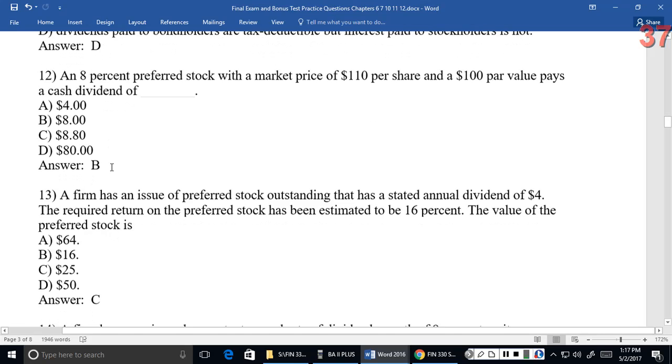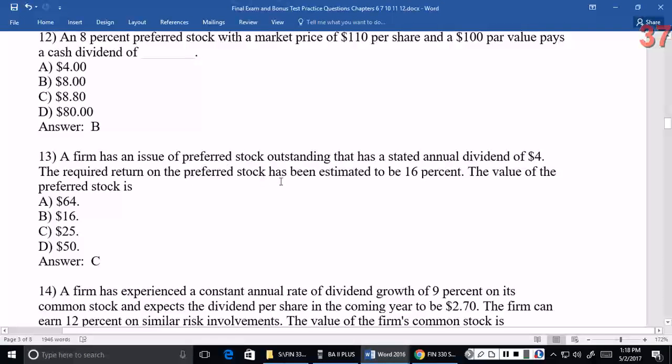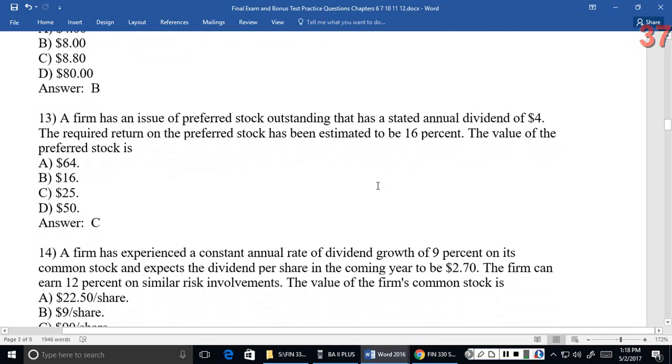Number 13, a firm has an issue of preferred stock outstanding, has a stated annual dividend of $4. The required return on the preferred stock has been estimated to be 16%. The value of the preferred stock is. Now again, keep in mind, for preferred stock, this is actually the same as a zero growth stock because the dividends aren't changing.